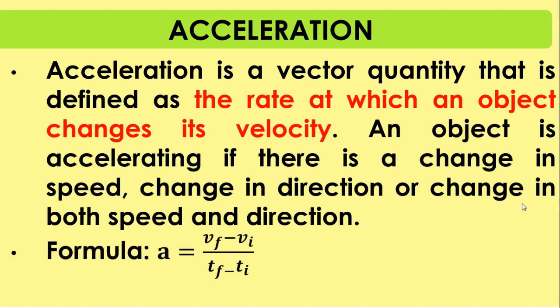Again, please take note of that. And the formula for acceleration is given as acceleration is equal to final velocity minus initial velocity over final time minus initial time. And the SI unit of acceleration is meters per second squared.